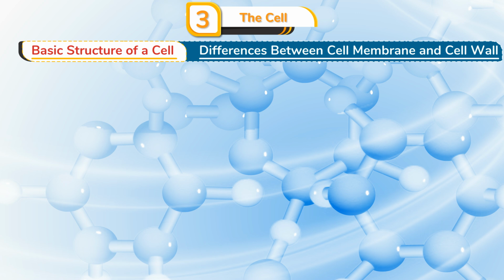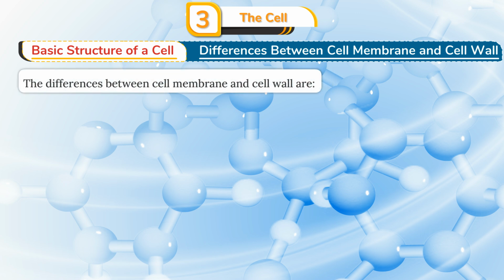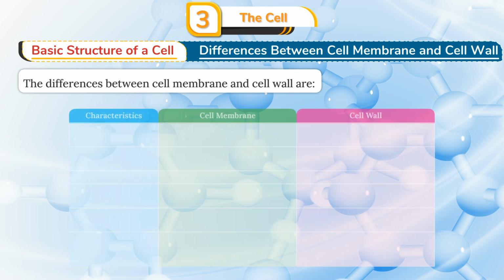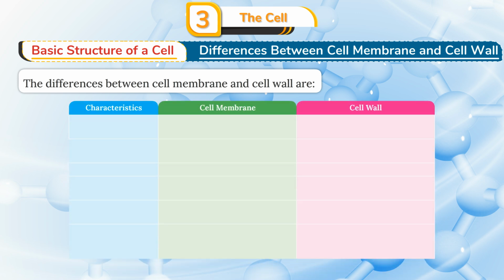Differences between cell membrane and cell wall. The differences between cell membrane and cell wall are as follows. Characteristics: cell membrane, cell wall. Location: the cell membrane is the outer covering of the protoplasm in a cell; the cell wall is a cell's outermost, thick, protective layer.